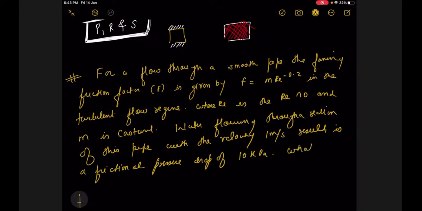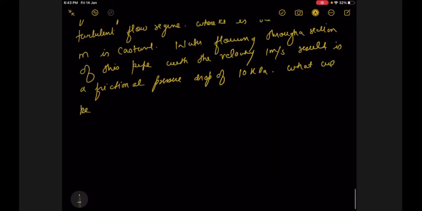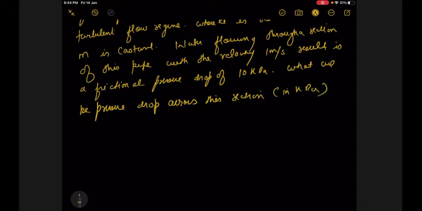So what will be the pressure drop across this section, in kilopascal, when the velocity of the water is 2 meter per second? Solve this.